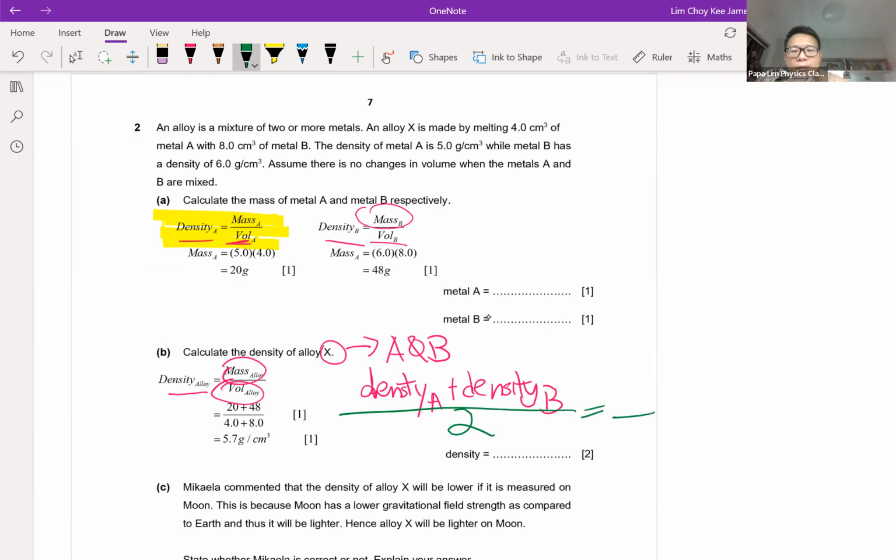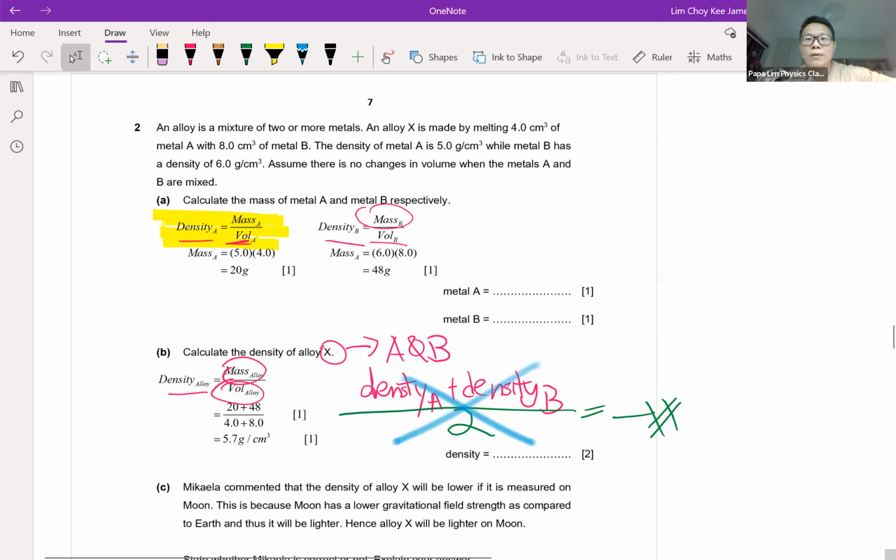That would be my answer here. Do not use this method. Density is not averaging. You just can't add up all the masses and then just make sure they average out. So take a look at it.